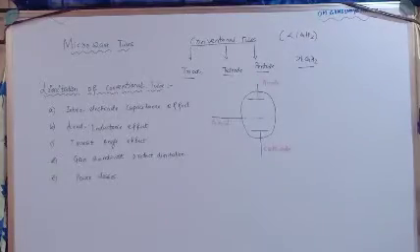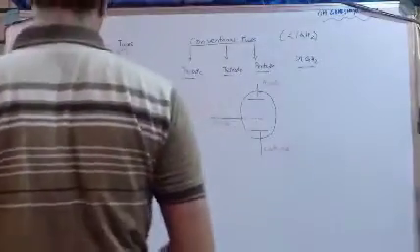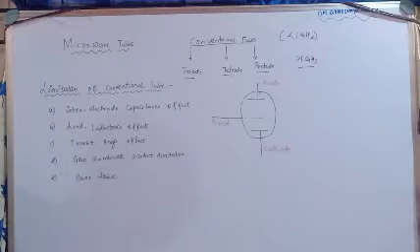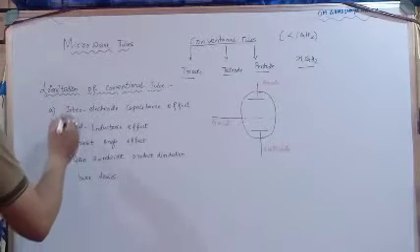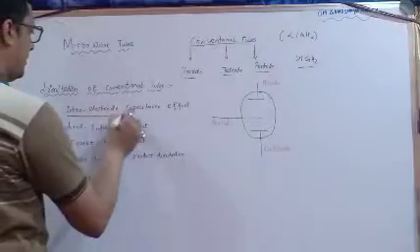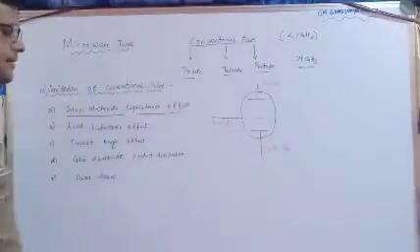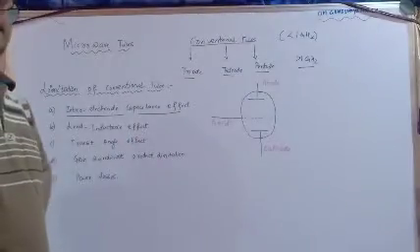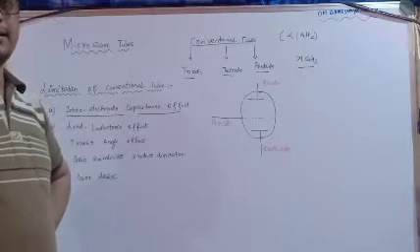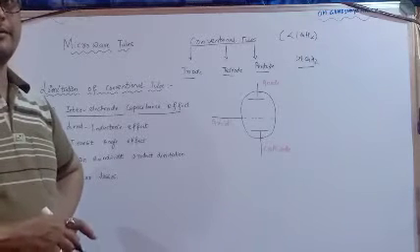So these are the certain limitations of the conventional tube, as you can see. The first one is the inter-electrode capacitance effect.